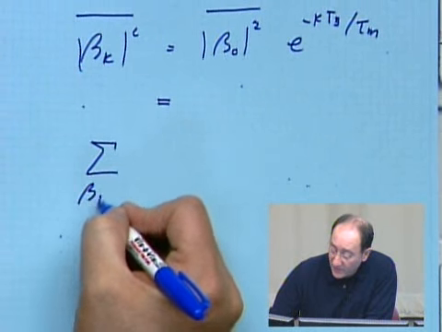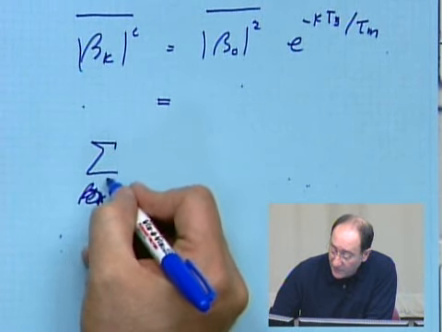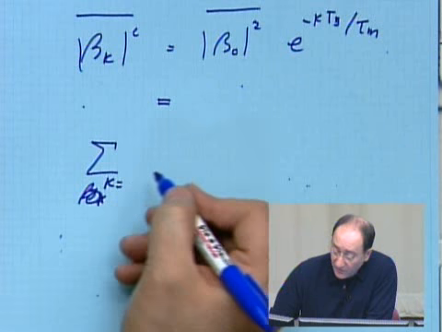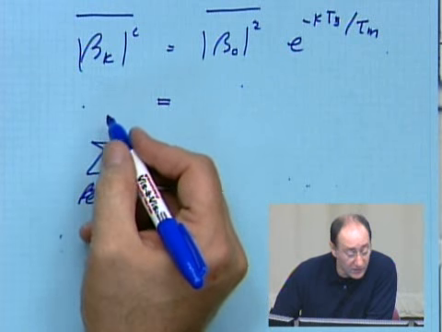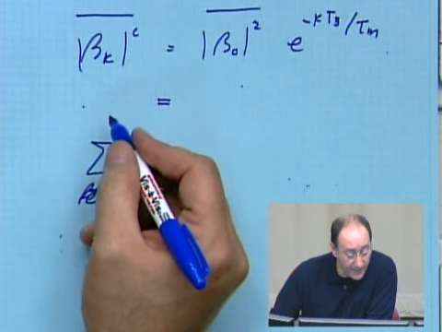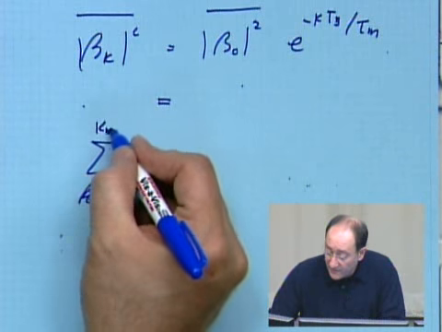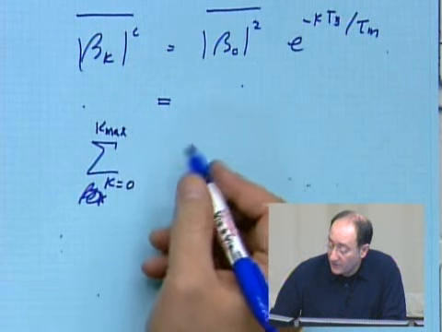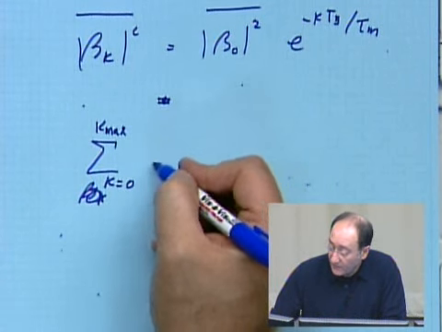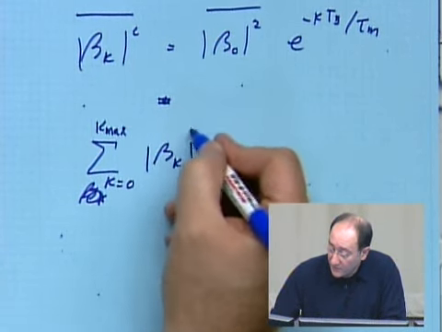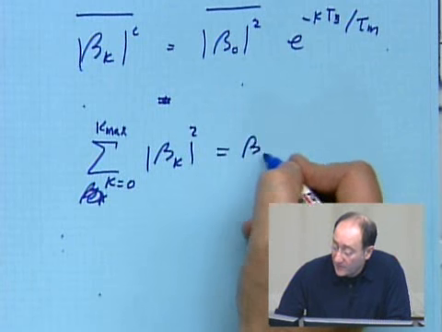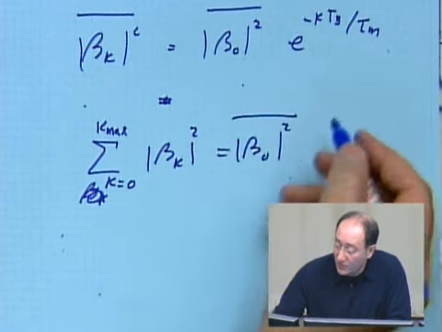Sigma of beta k squared, sigma for k equal to 0 up to k max, because I have the k equal to 0 in there. If I get that, this beta 0 squared average comes out.